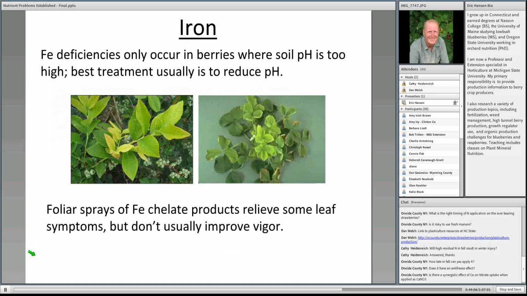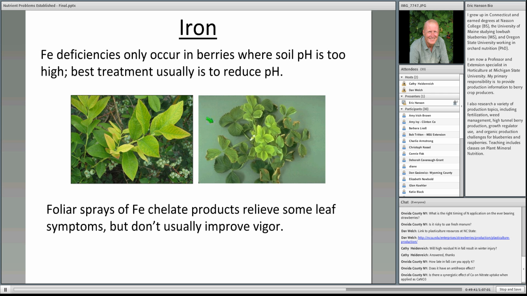Iron deficiencies occur periodically, but these are nearly always related to a pH that's too high. So the most common occurrence, of course, is in blueberries, where if the pH is above about 5.5 under our conditions, we start to see this chlorosis due to iron deficiency, or occasionally in bramble or strawberry fields, if pH is very high, you can get similar symptoms.